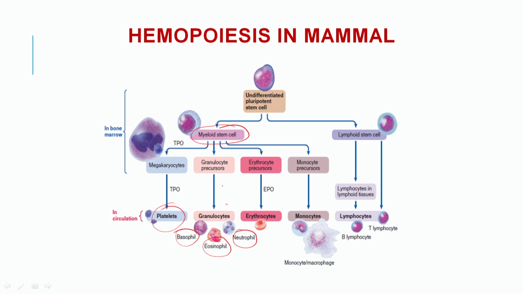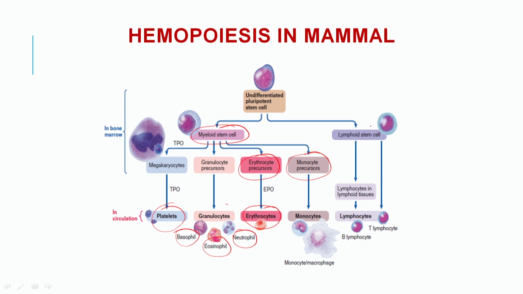Myeloid stem cells also produce the erythrocyte precursors, from which erythrocytes are produced, and monocyte precursors are formed, which are again converted into monocytes.